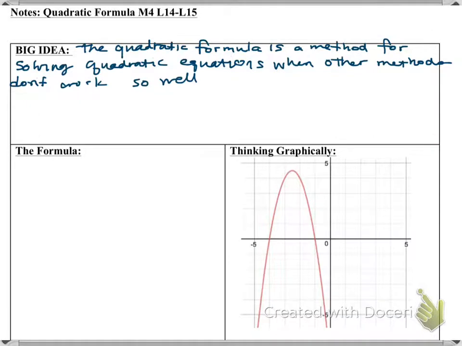So to give you an idea of what I mean by the other methods not working, I'm going to give us a quick example.